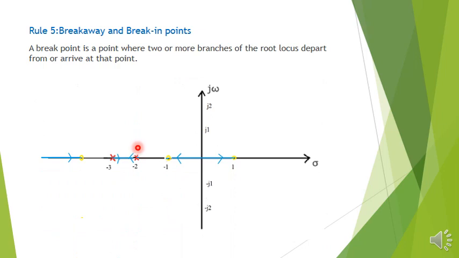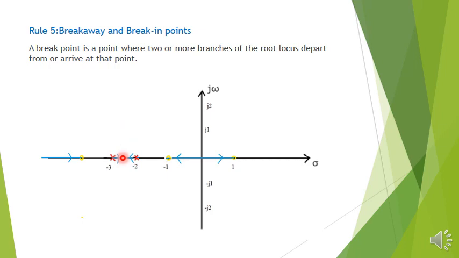So what are the possible breakaway points? One is two consecutive open loop poles with a part of the root locus in between them. Then there exists one breakaway point, because both are starting points, no terminating points.